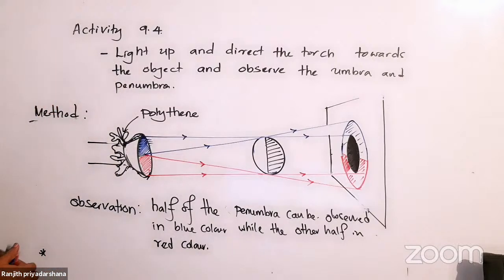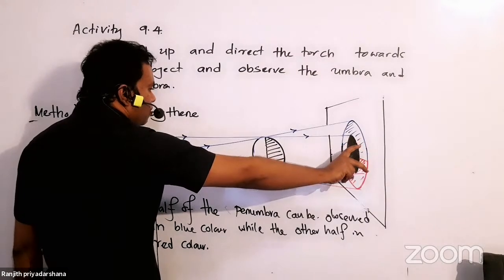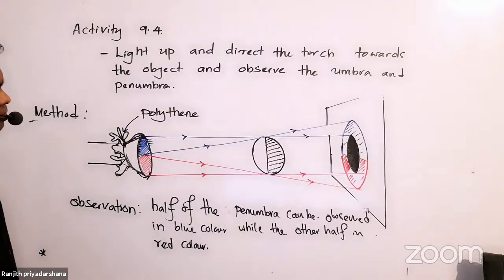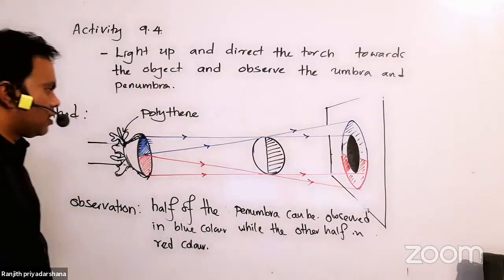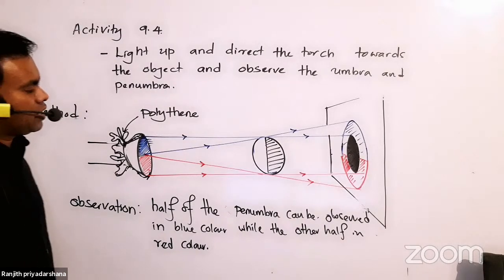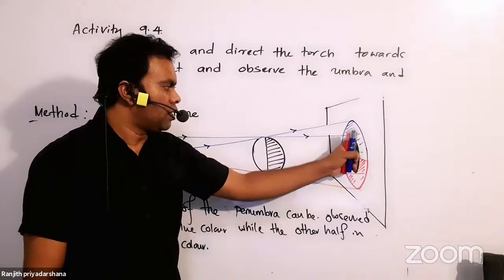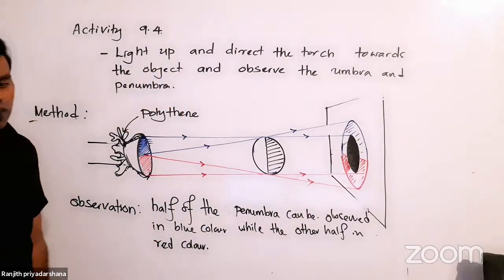That means two halves of this penumbra are colored with different colors. Half is singular, and the plural form is halves. Okay, so both halves of this penumbra appear in two colors.